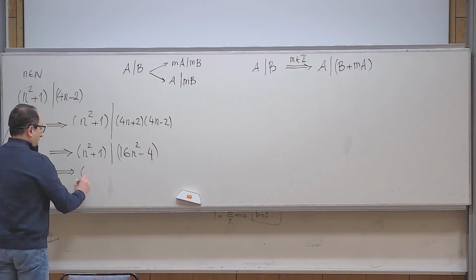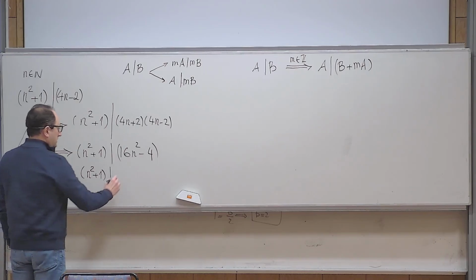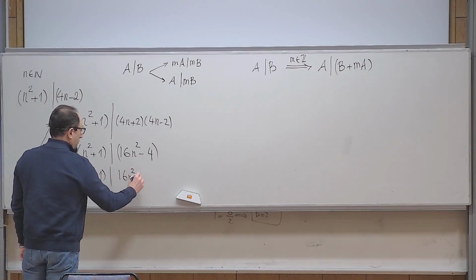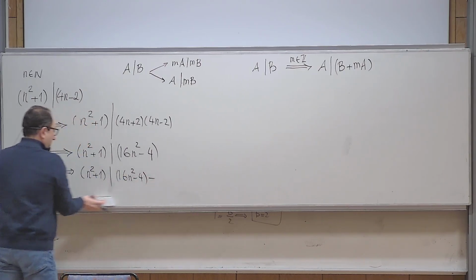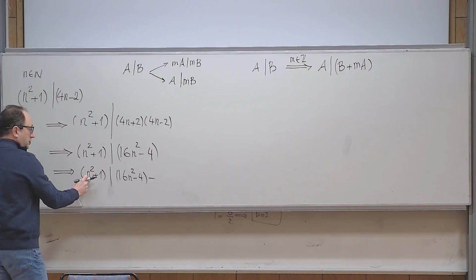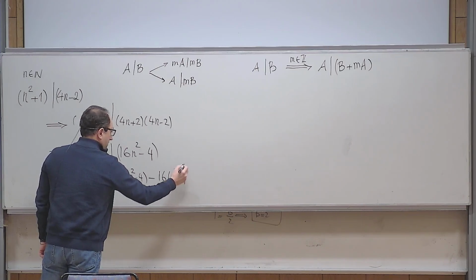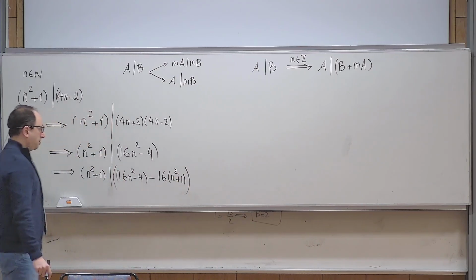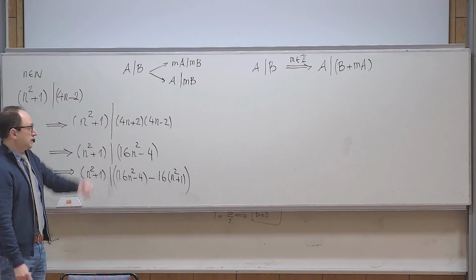So this means that n squared plus 1 divides 16n squared minus 4, minus 16 times this expression. Okay? First of all, I want you to understand that this is valid exactly because of that theorem.